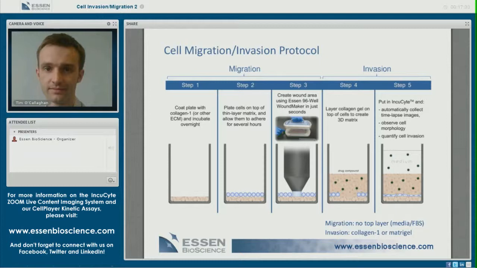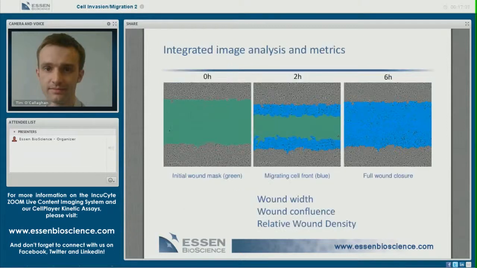At Essen, we've validated both collagen 1 and Matrigel for use in this assay. Images can be analyzed using the integrated image analysis metrics, and these are user trainable and can be used to optimally mask your wound and cell movement into the wound over time.